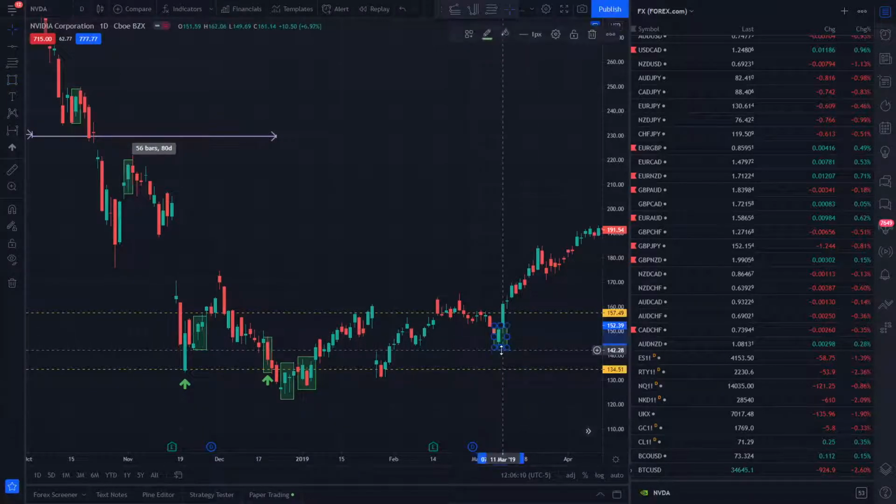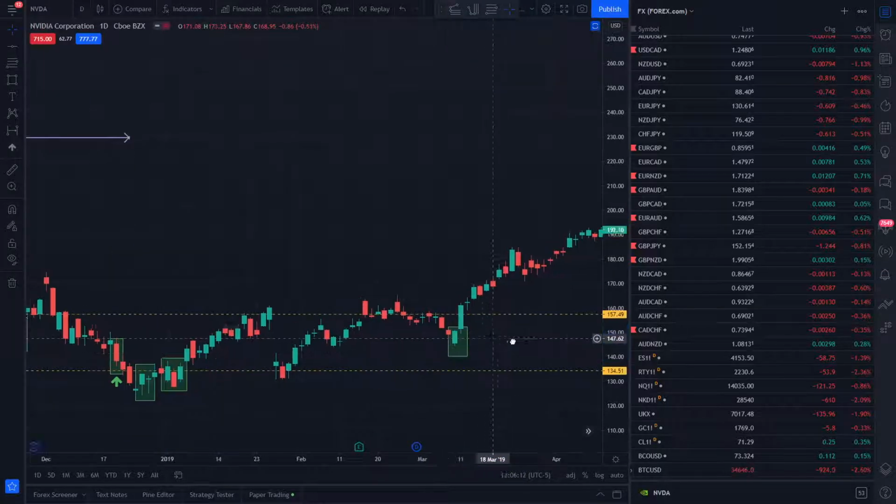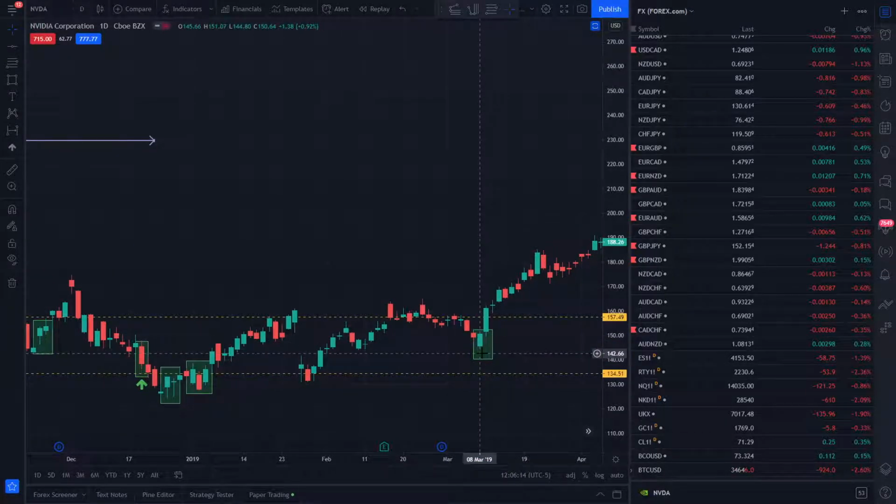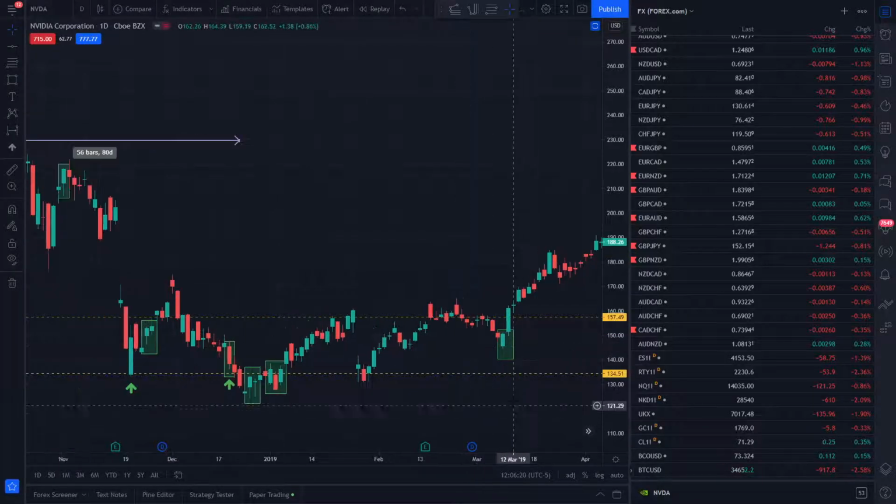The hammer itself is green. It has a short little handle, a short little shadow on the bottom, but this is fairly ideal in terms of a reversal. And I will show you again why, because as I draw Fibonaccis, and I can draw them from multiple levels, you will see that there's Fibonacci support where this hammer is going to be.